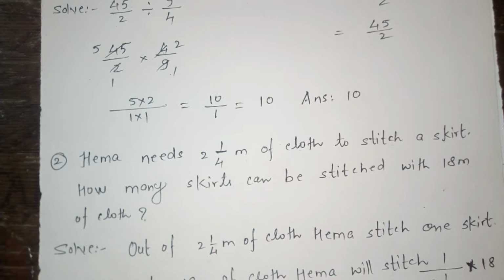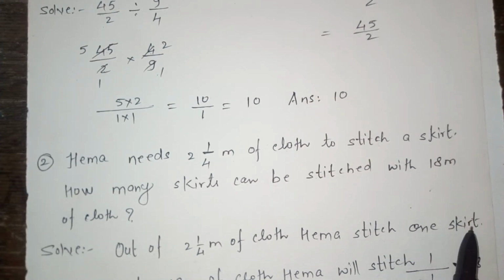My dear students, this question depends on the unitary method. Now look here. Out of 2 and 1 upon 4 meter of cloth, Hema stitches 1 skirt.